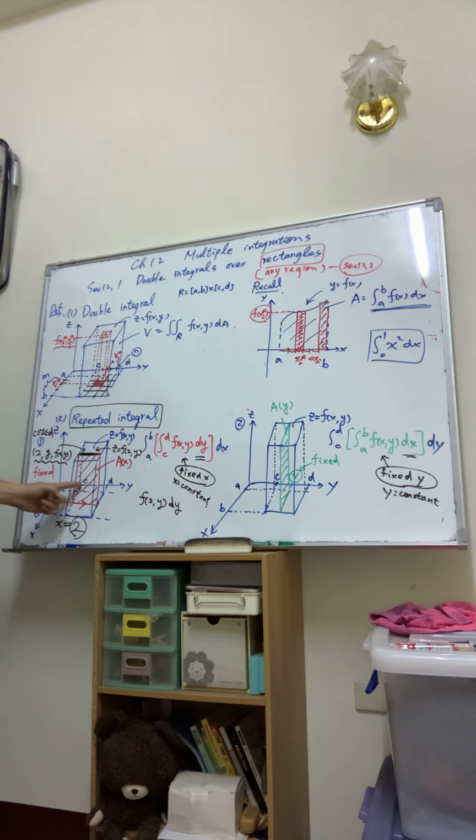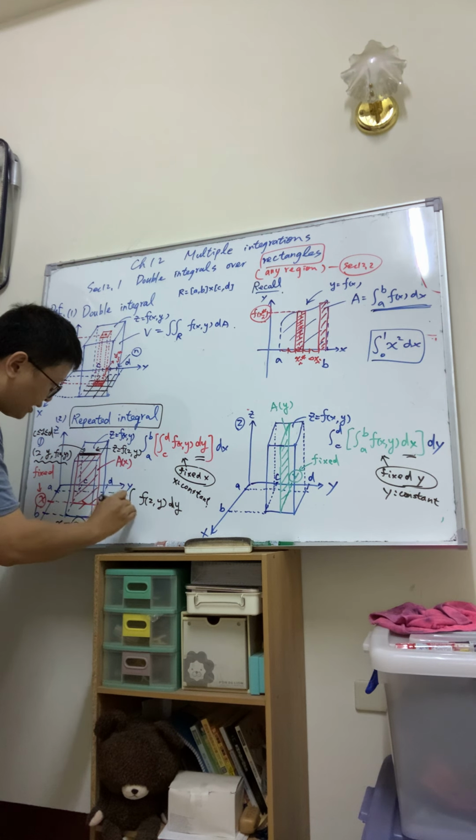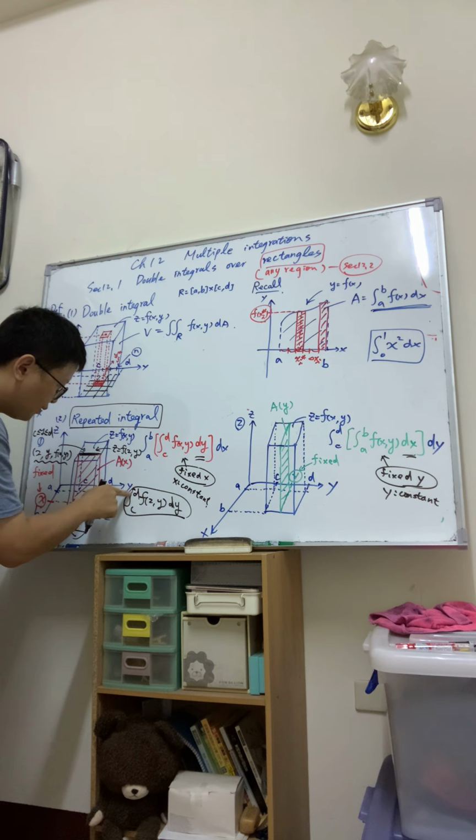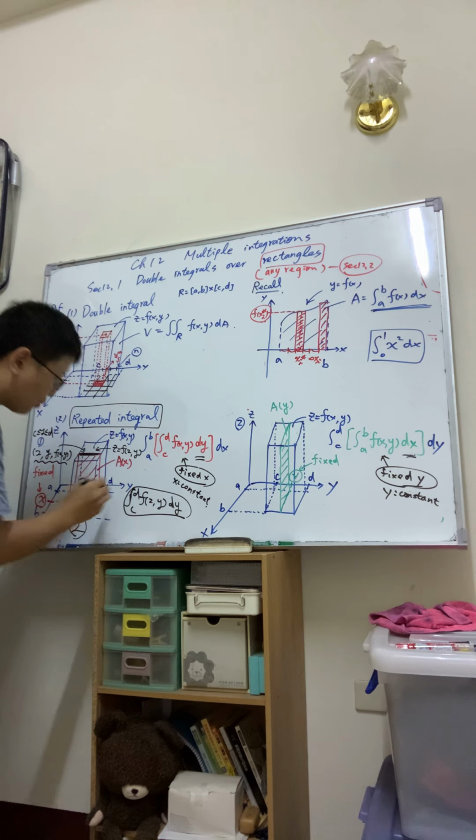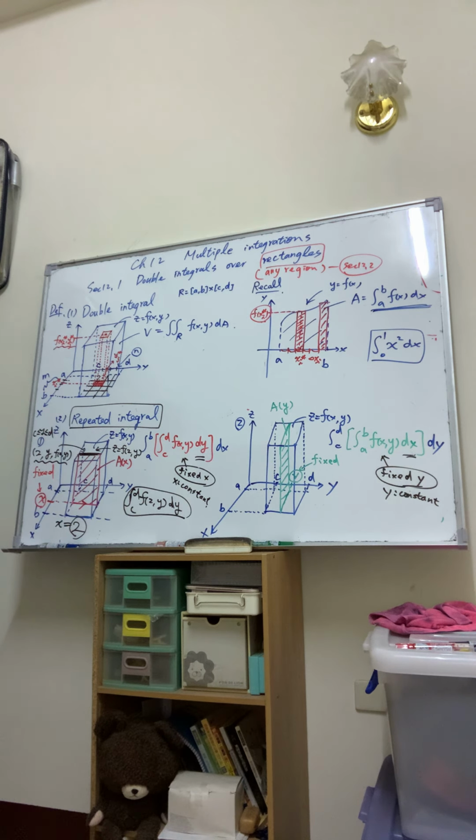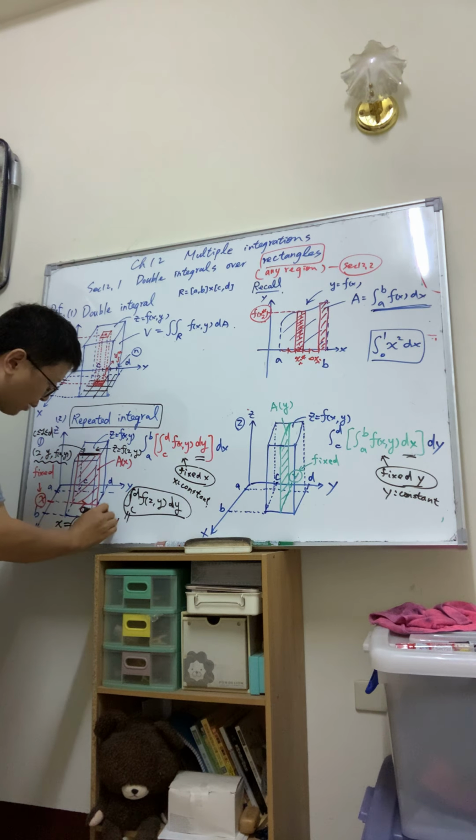And then y goes from c to d to integrate this area. You could consider its integral. So what does it mean? It means this area, equal to A of 2.